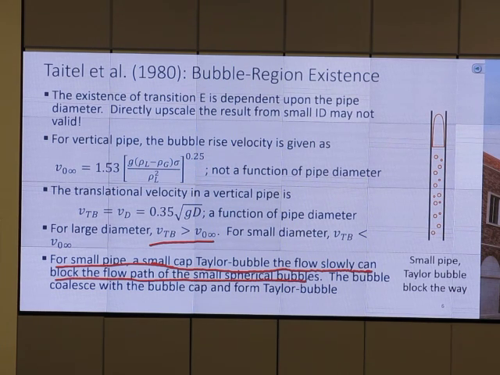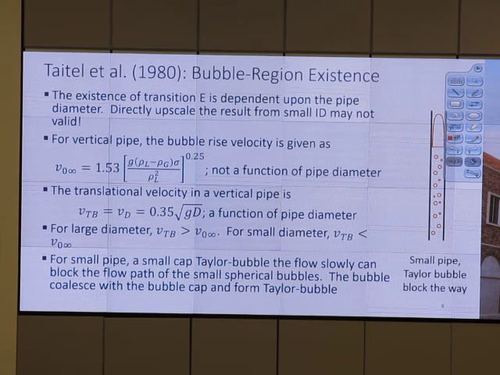Bubbles coalesce with the bubble cap. So the criterion to find out whether we have transition E or not is by comparing this velocity and that velocity together. If VTB is higher, then we can have transition E. If VTB is lower, we don't have bubble flow.